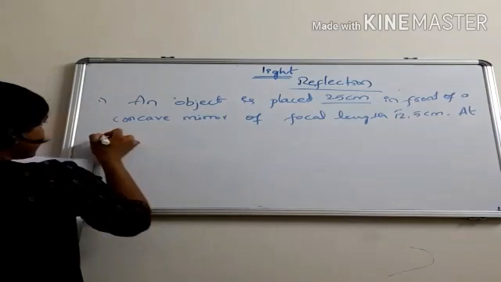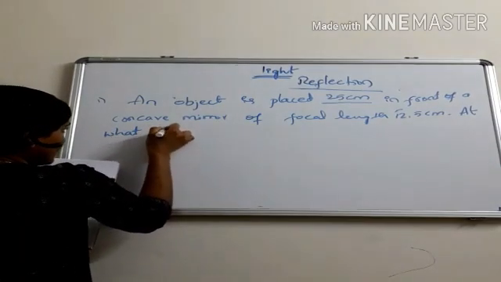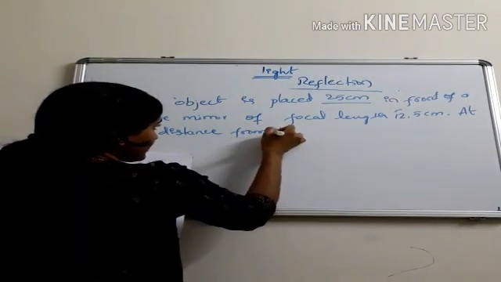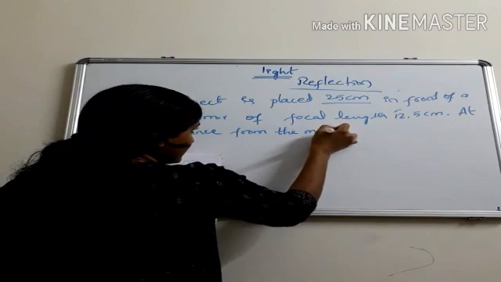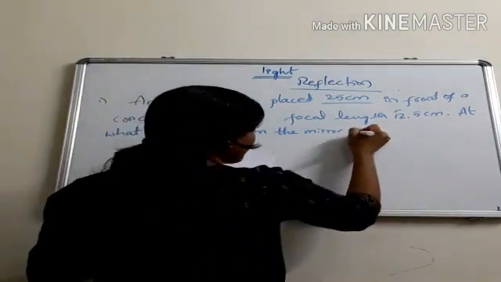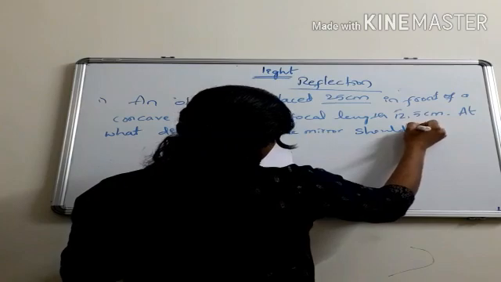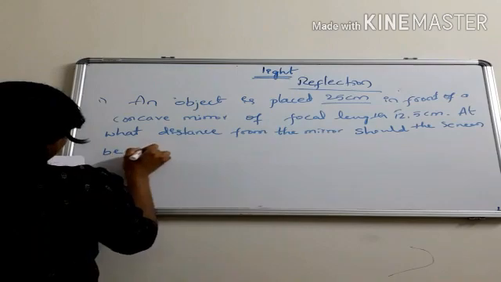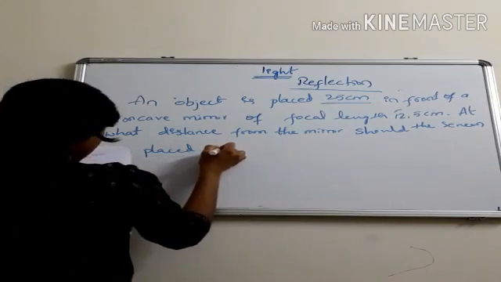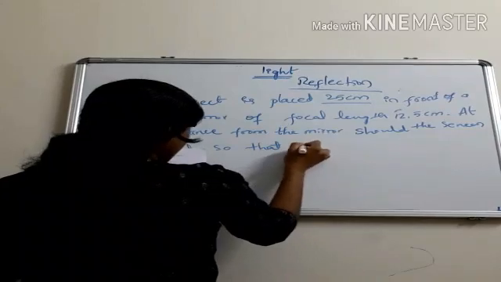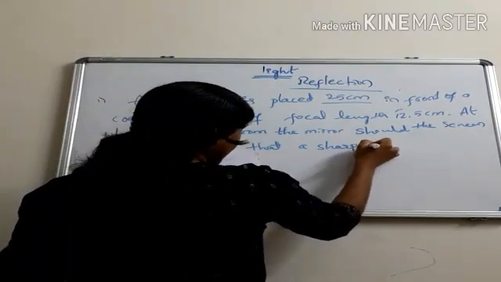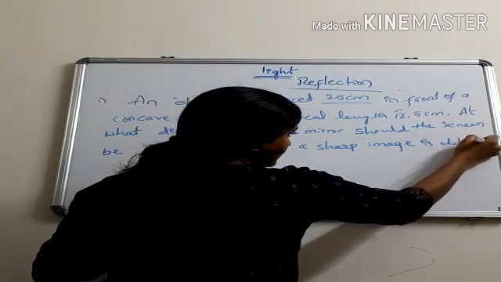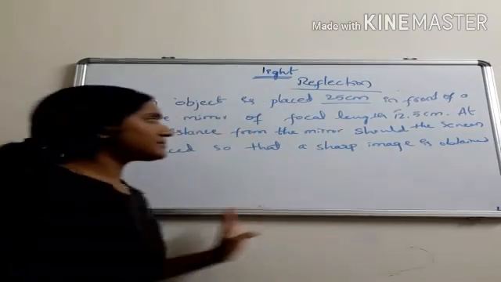At what distance from the mirror should the screen be placed, so that a sharp image is obtained? See, the problem is very simple.